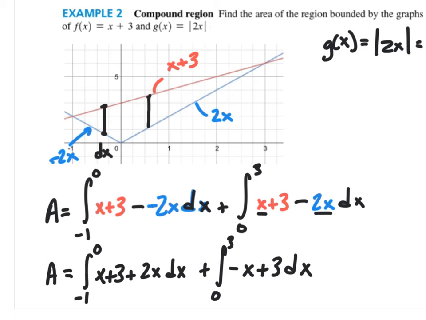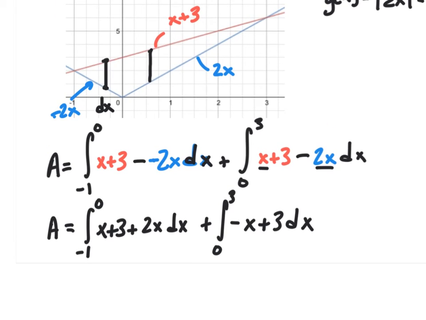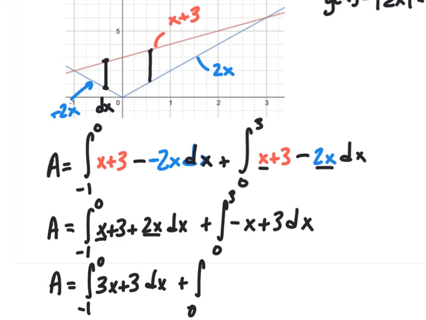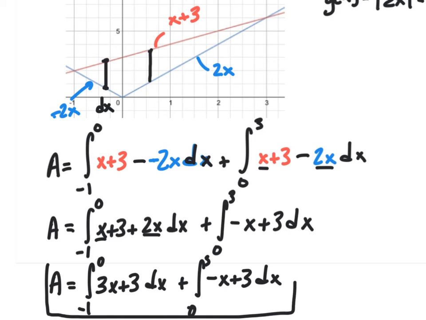Now I can combine like terms on my first one. So the area is equal to the integral from negative 1 to 0 of 3x plus 3 dx, plus the integral from 0 to 3 of negative x plus 3 dx. And this will represent the area between those two functions.